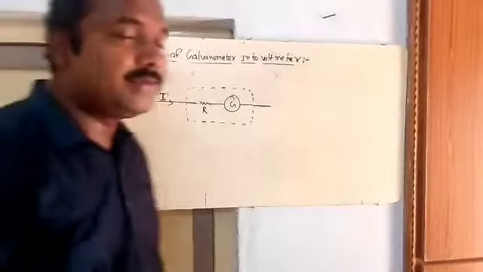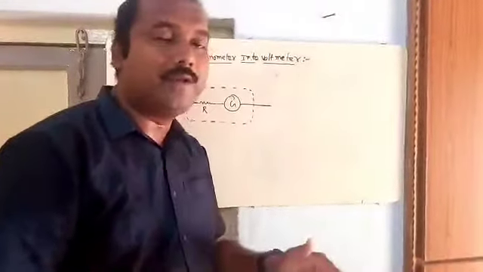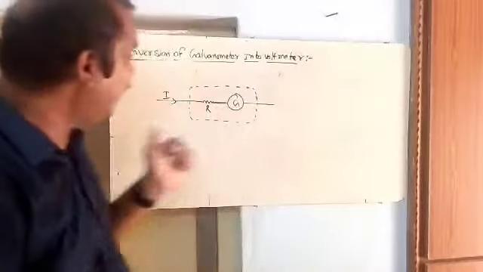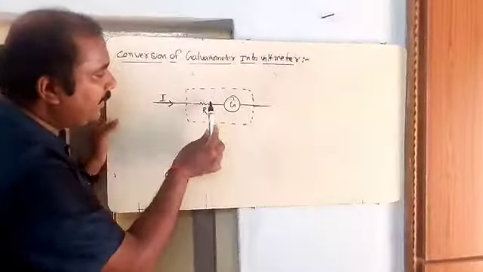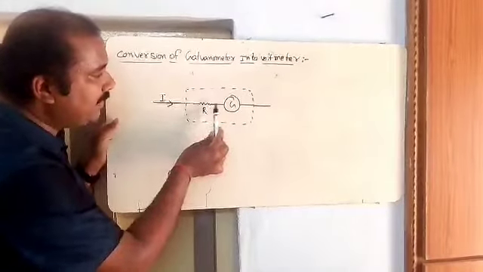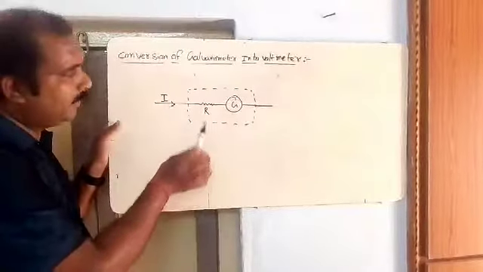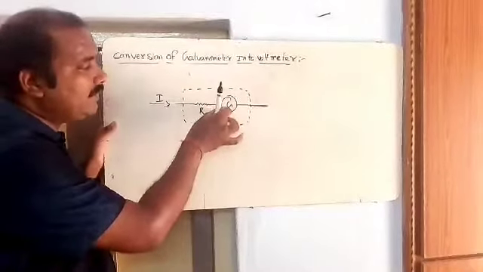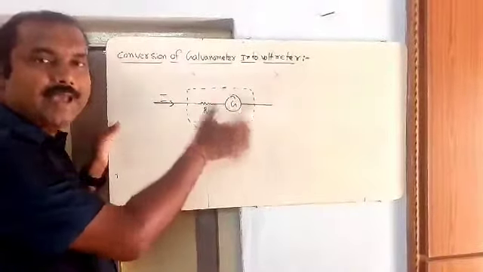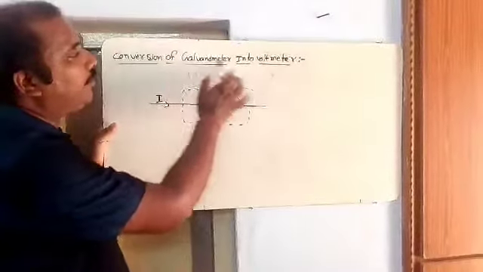In the previous case, we connected a resistance called a shunt in parallel. But here, if I connect a very high resistance, namely R, in series with the galvanometer, then it is possible to convert the galvanometer into a voltmeter.